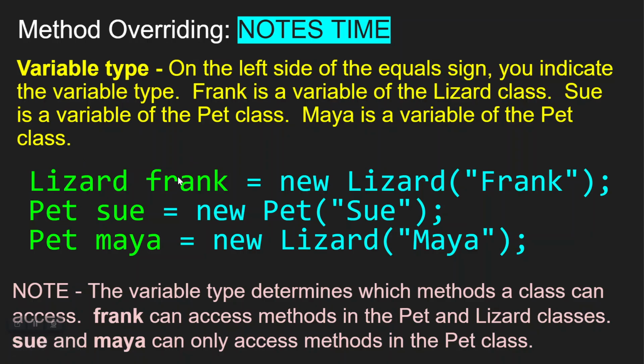Because Frank is a variable of the type Lizard, Frank can use the methods in both the Lizard class as well as the Pet class. However, Sue and Maya are both variables of type Pet, which means that they can only access methods that are in the Pet class. This will become important later on, but just take note of that for now.